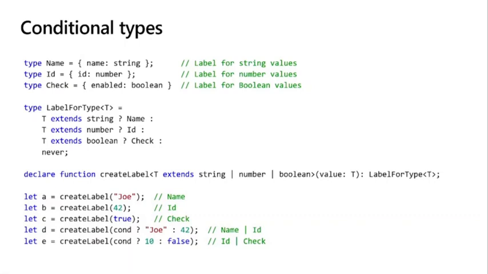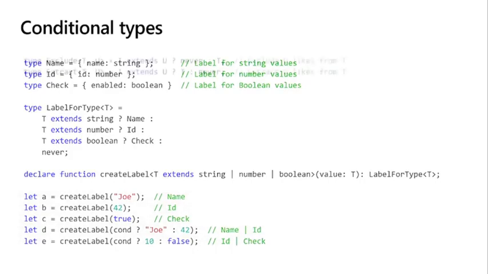So the D and E examples are interesting because the type that goes in, that we infer, is number or string. And then we apply that to each of number and string and produce a resulting union type out. So if you give us a union type in, a union type comes out that has been mapped for each individual element.